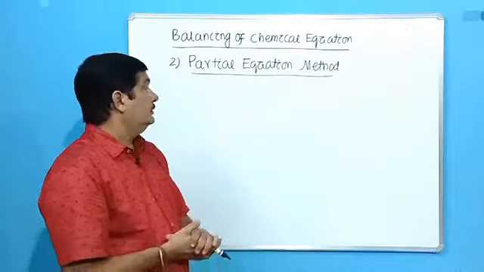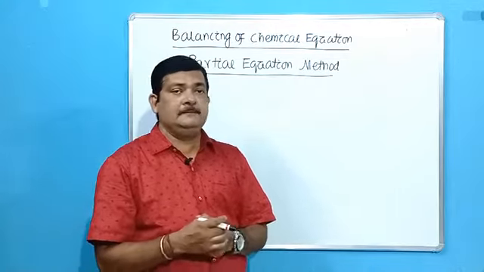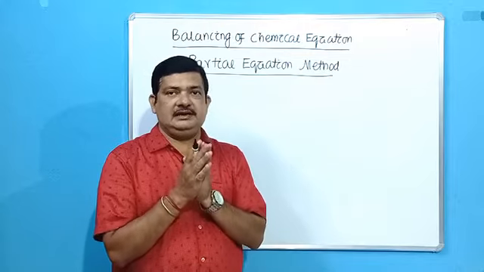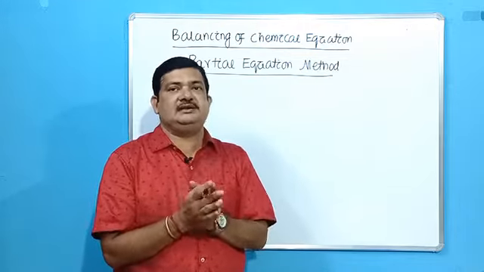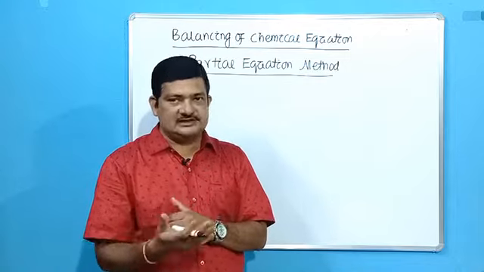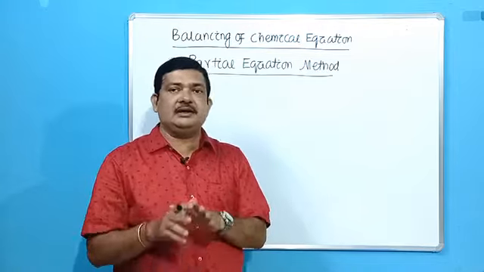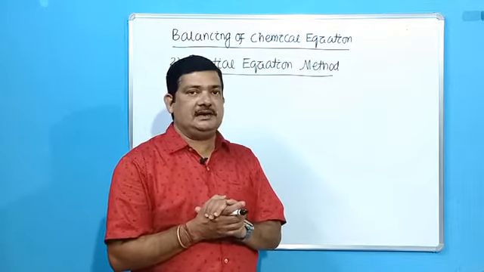So next students we will go for partial equation method. As I have told you earlier, in this method what we will do? Now we break the equation into multiple steps. So we will assume that the reaction is completed in more than one step, and we will balance each step by hit and trial method, and finally we will sum it up. So we will get the final equation.